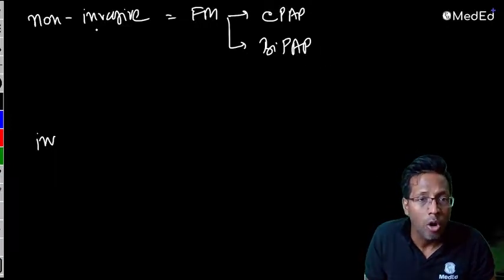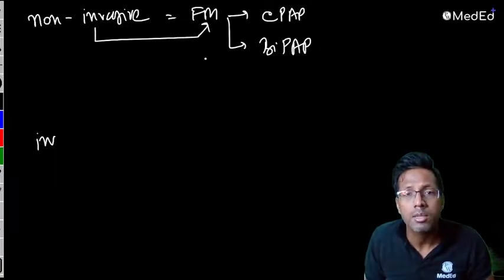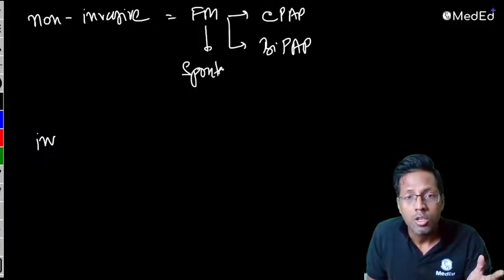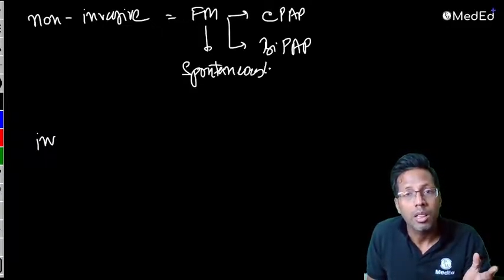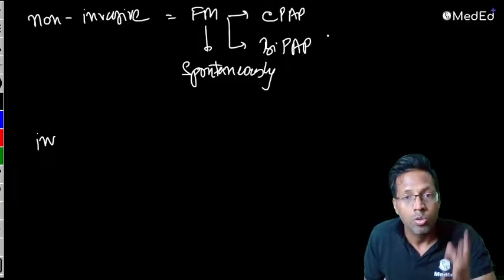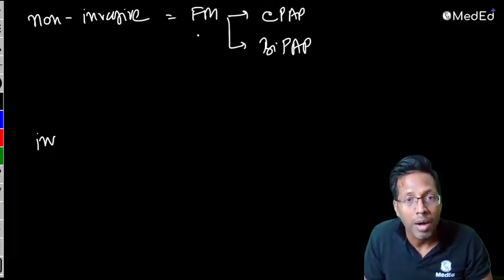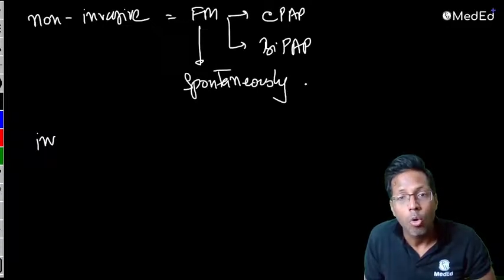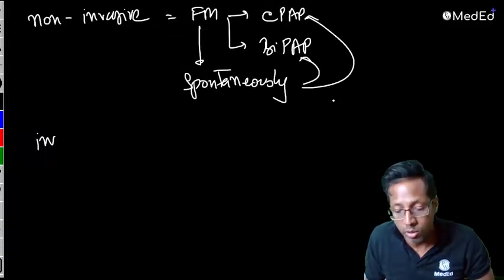So remember, in non-invasive ventilation, you're using a face mask. So if you use a face mask, it means the patient has to be breathing spontaneously. मतलब उसको खुद से सांस लेना पड़ेगा. So the point is, during CPAP and BiPAP, because the face mask is used, the patient has to be breathing spontaneously. Only then you can use a BiPAP, only then you can use a CPAP.